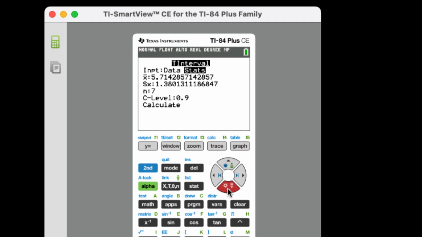What do we enter? What's the sample mean? We just found out that's 5.7. Is that right? What's the sample standard deviation? We just found out it's what? 1.4. What was the sample size? 7. What was the confidence level? 95. So double check.